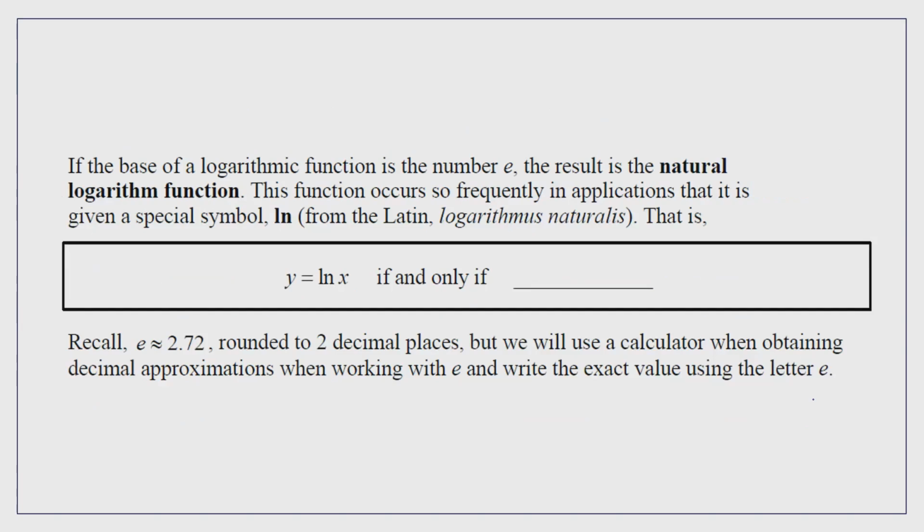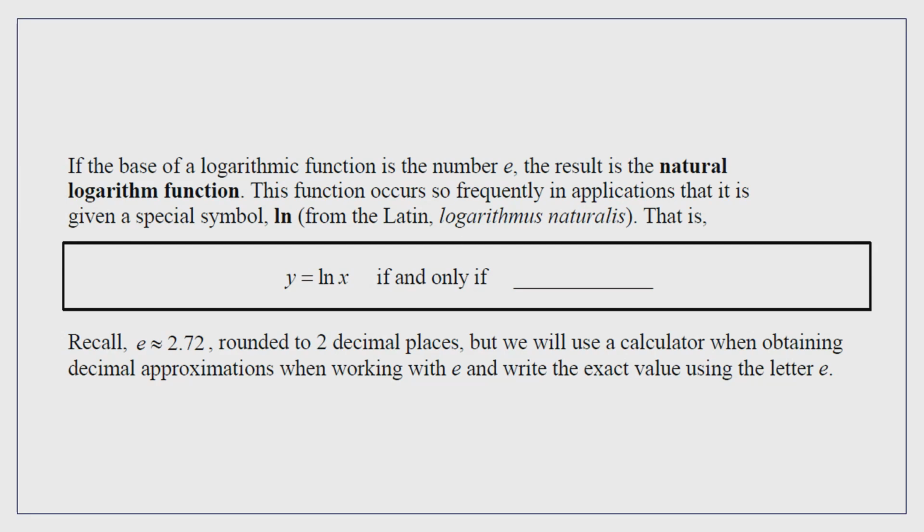So if the base of a logarithmic function is the number e, the result is the natural logarithmic function. This function occurs so frequently in applications that it is given a special symbol, ln.